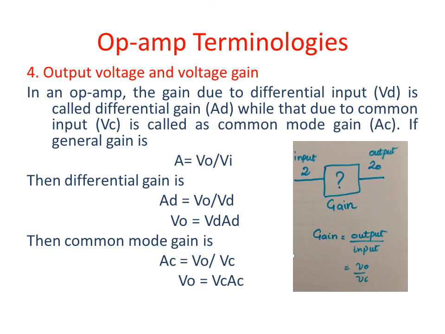Okay, now we are going to find the output voltage and voltage gain for the operational amplifier. But before we find these parameters for the op-amp, let us consider a general circuit. Consider this circuit. We are giving an input value of 2 and it is giving us an output value of 20. I can very clearly see that this circuit has some amplifying behavior because it is converting an input signal of 2 to an output signal value of 20.